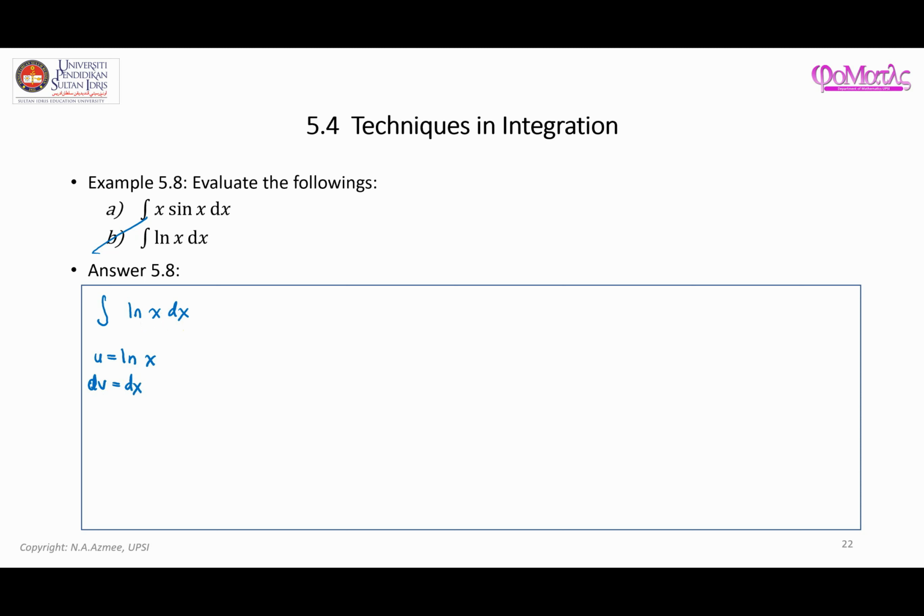If I differentiate ln x, du/dx, I will get 1 over x. And if I find the integral of dv, I will get v equal to x.